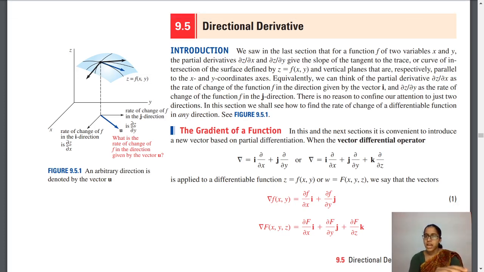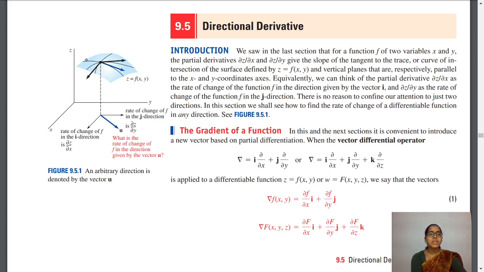If we consider vertical planes, one parallel to the x-axis and another parallel to the y-axis, they will cut the surface along curves. When the plane parallel to the y-axis cuts the surface, we get this curve, and when the plane parallel to the x-axis cuts the surface, we get this curve.